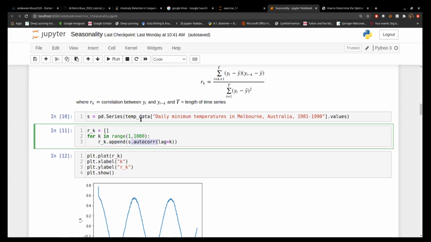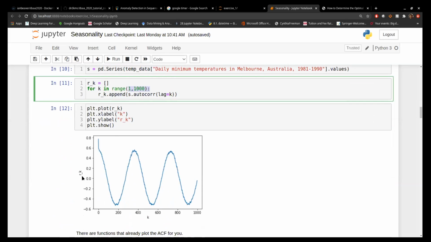Basically this method computes the correlation between the series and a shifted version of itself. And I just iterate over k lags from 1 to 1,000, and then plot the lags, the ks, versus the autocorrelation coefficients r_k. So that is a very basic way of making an autocorrelation plot. And you can see that repetitive behavior.